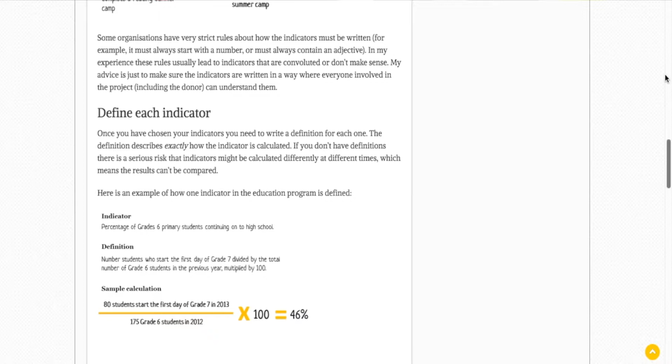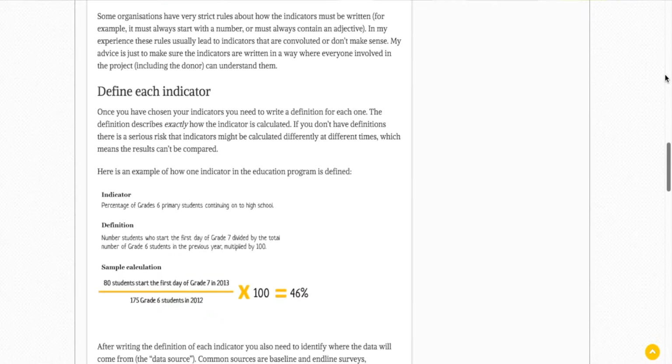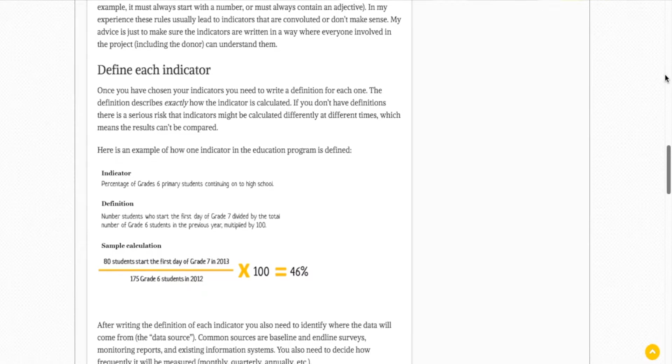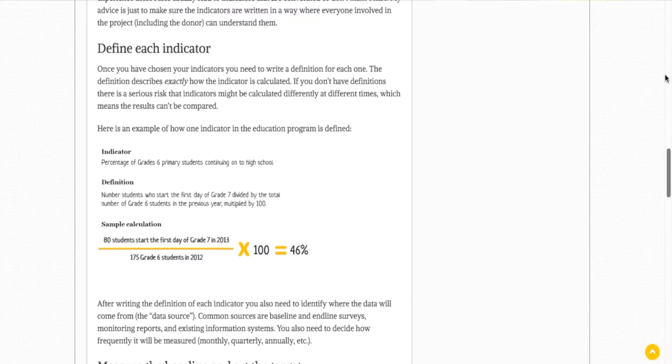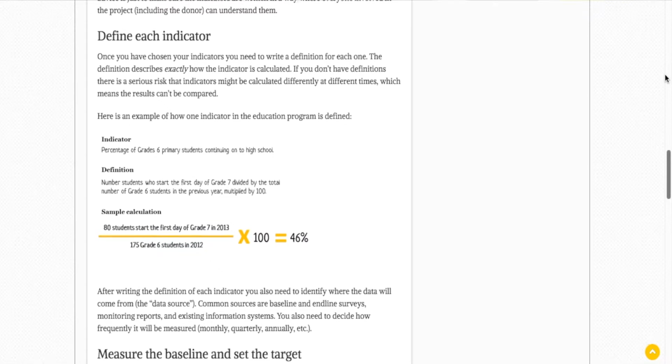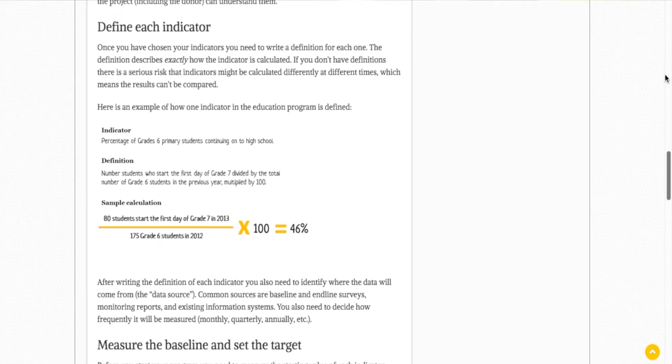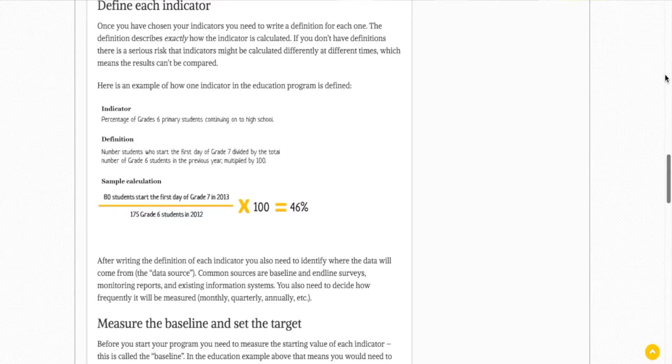For example, one indicator in the education program is defined as the percentage of grade 6 primary students continuing on to high school. The definition would be the number of students who start the first day of grade 7 divided by the total number of grade 6 students in the previous year, multiplied by 100.